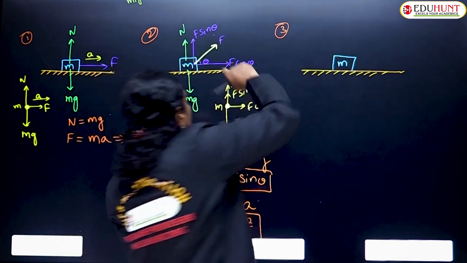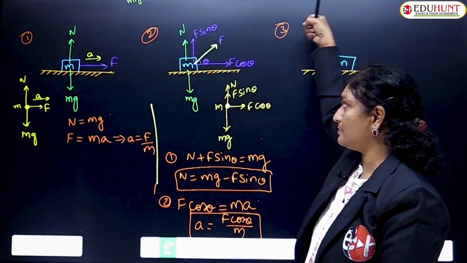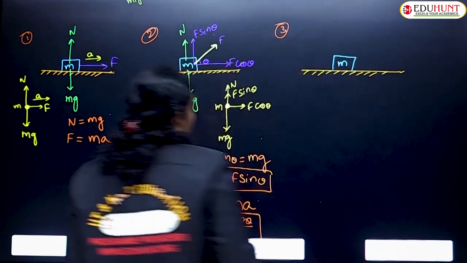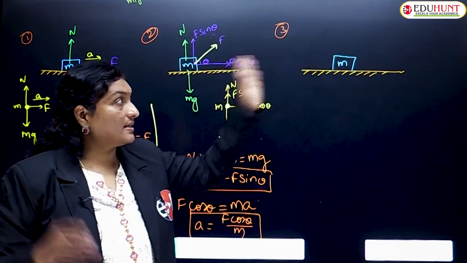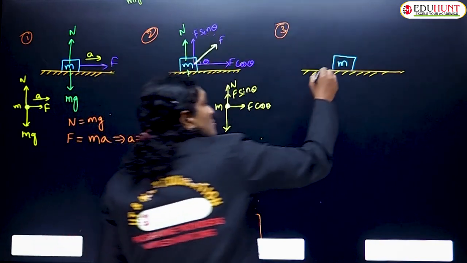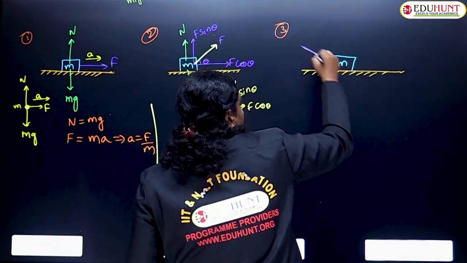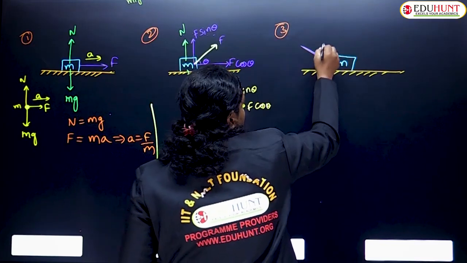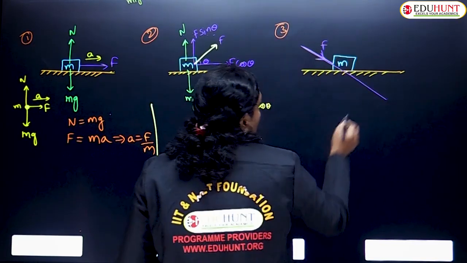The point of application of force earlier was at the front, whereas in the latter case it is at the back side. So we are pushing it by applying force in this direction.